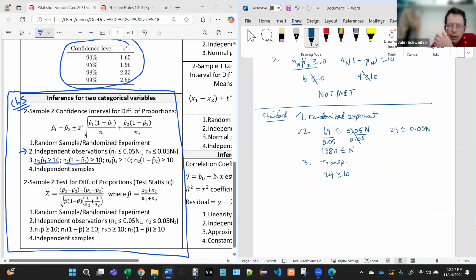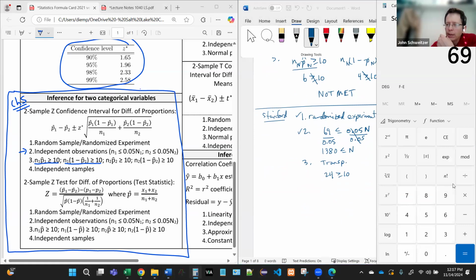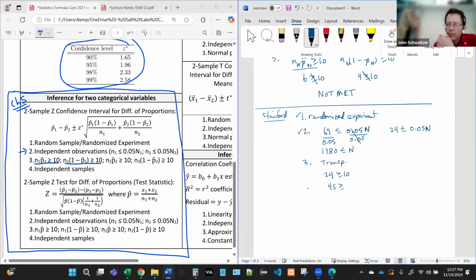And if there were 69 people getting the transplant and 24 of them survived, that means 45 did not survive, right? So we had enough in the transplant group. Unfortunately, I don't think there were enough in the non-transplant group. How many successes were there? There were 4. 4 is not more than 10. So this third requirement is not met.